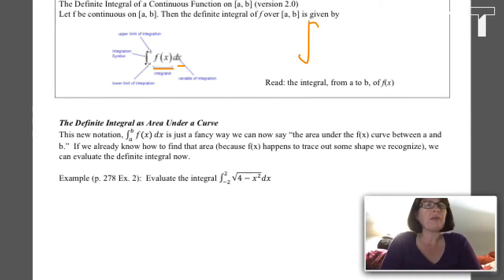So let's try it out. It's just a fancy way of saying the area under f of x between a and b. If we already knew that area, because we can use geometry, then the problem hasn't changed from when we used rectangles and other geometry in the last section.